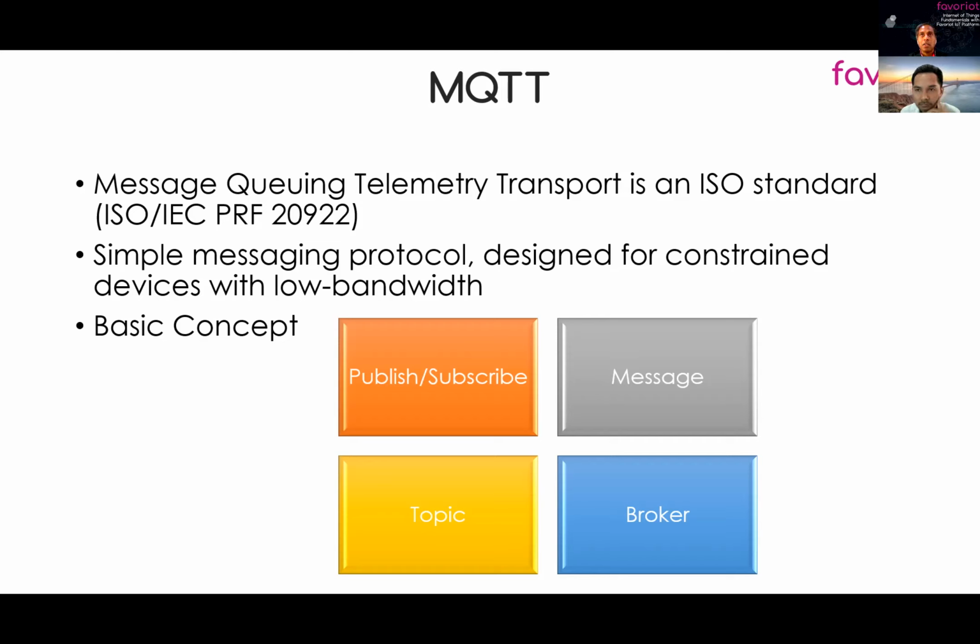It is actually an ISO standard. Unlike CoAP, which is an IETF standard, RFC 7252, if I'm not mistaken. MQTT, on the other hand, is an ISO standard, ISO/IEC 20922.